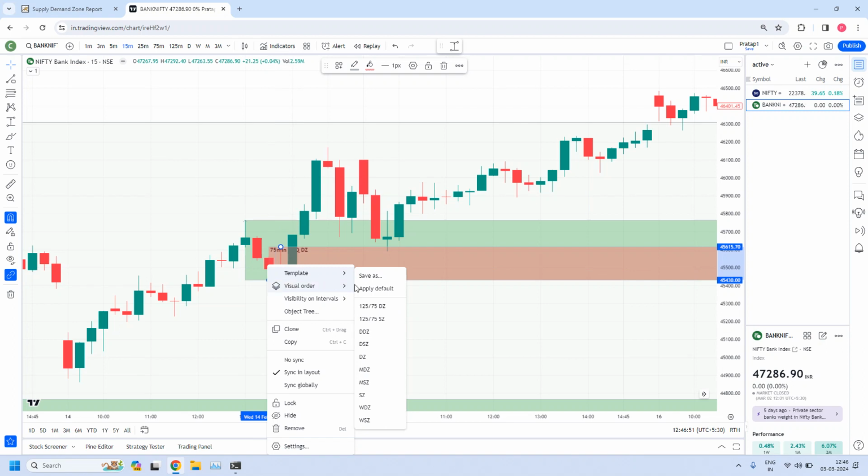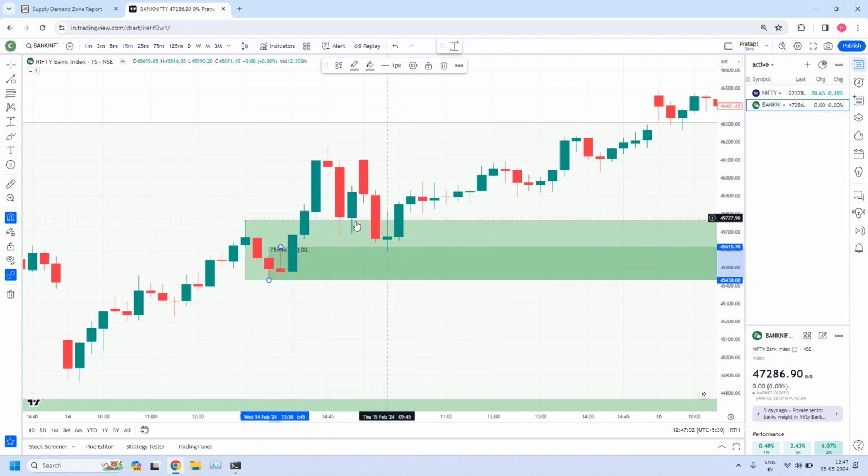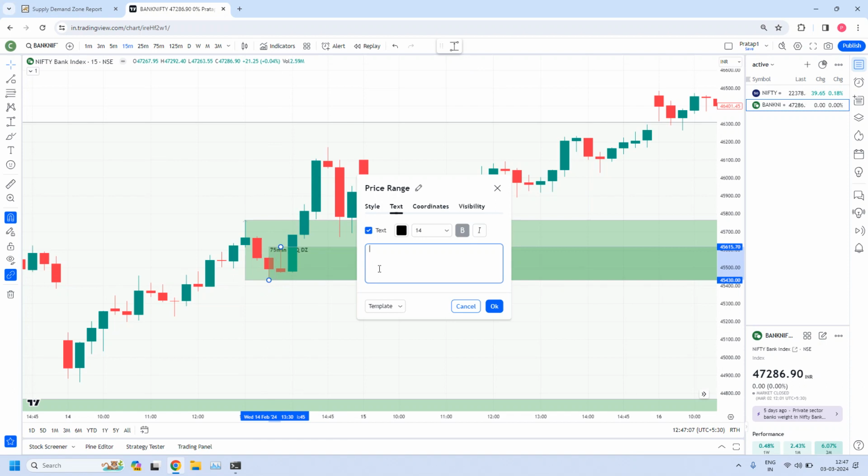But anyway, let's ignore what the software suggests. And this is a 15 minutes demand zone. 125 minutes, 15 minutes demand zone. This is a 15 minutes high liquidity demand zone.